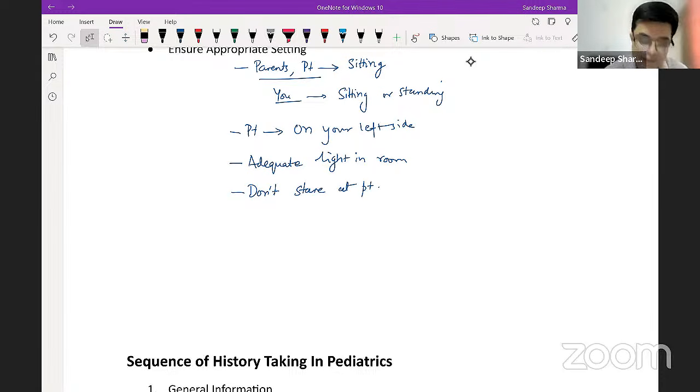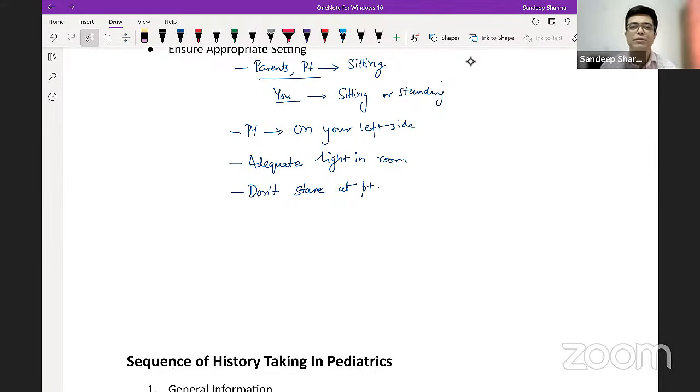See all these points which I'm mentioning. Aap bolenge, sir, why are we discussing this in a live class? Why are we not talking academics? These are very important and they will ensure a good history, and they will ensure that you don't falter where people will go wrong. I'm talking from a practical perspective. I've attended a lot of practicals, a lot of histories.